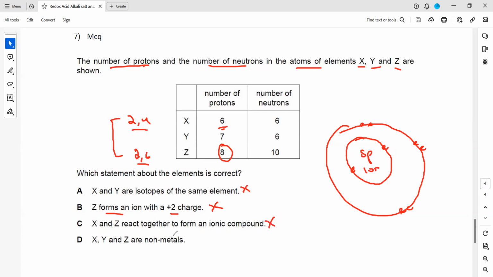X, Y, and Z are non-metals. How do we identify that? When you write the electronic configuration, one is 2, 4, another is 2, 5, another is 2, 6. So they have more than 3 electrons in the outermost shell, which means these are non-metals.